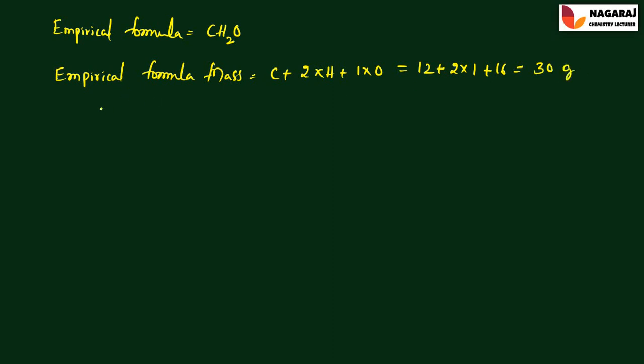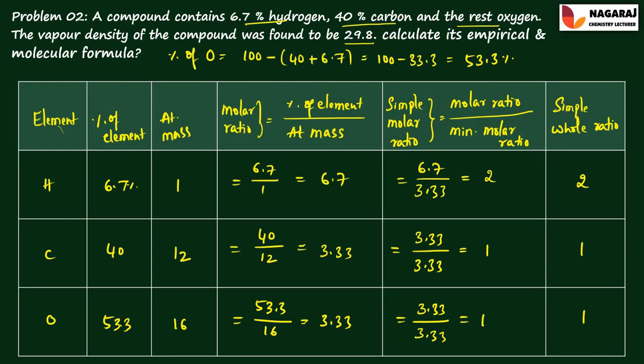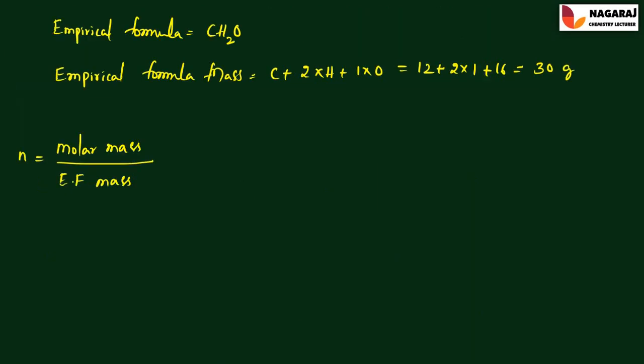So the integer n is equal to molar mass divided by empirical formula mass. The molar mass is not given in the problem, right? They have mentioned the vapor density of the compound. So how do we calculate the molar mass by using vapor density?